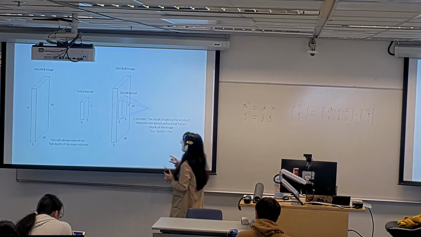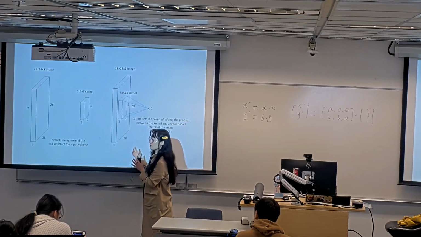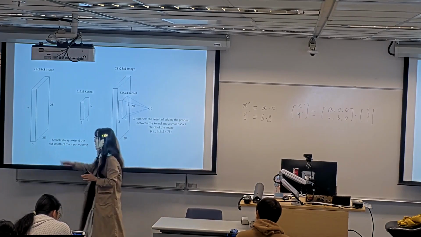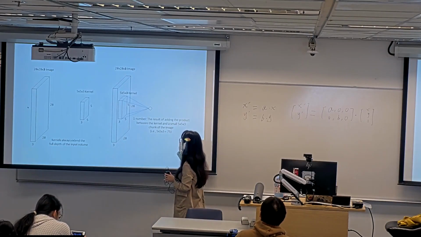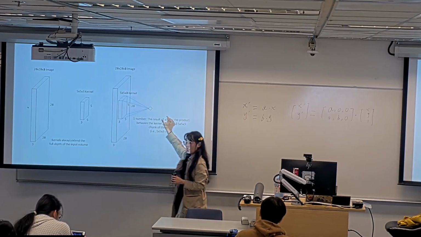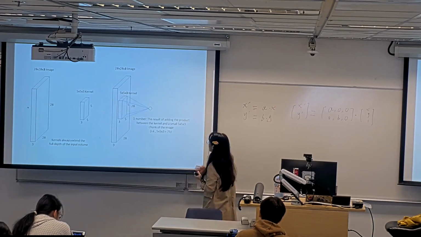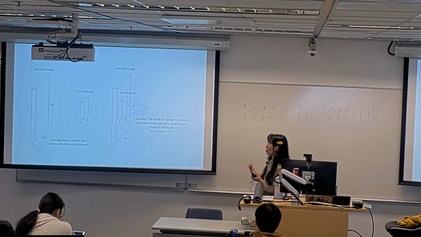Each kernel basically does image convolution. For any one number in the output, the result is the sum of the products between the kernel and a small 5 by 5 by 3 chunk of the image.